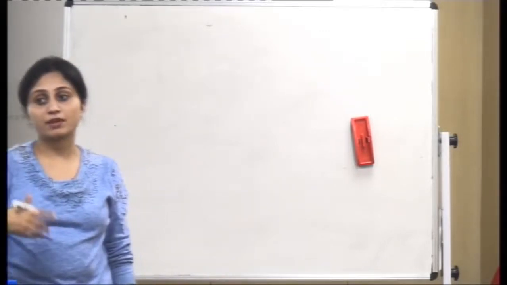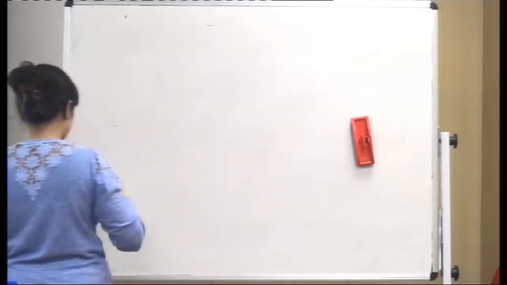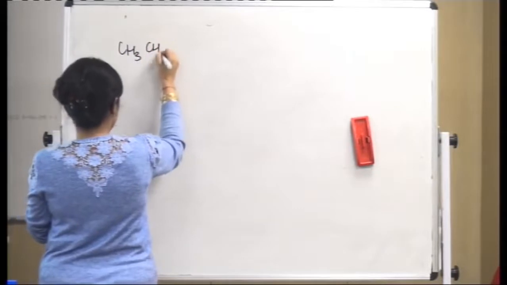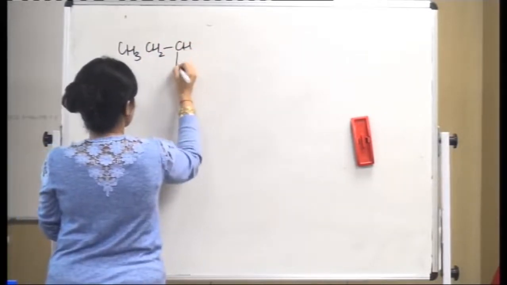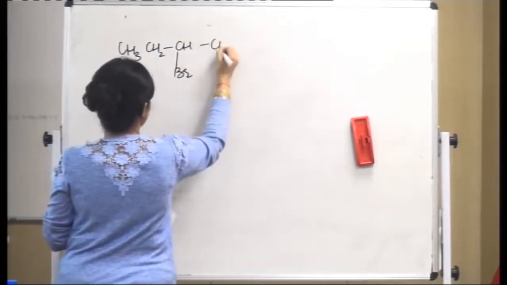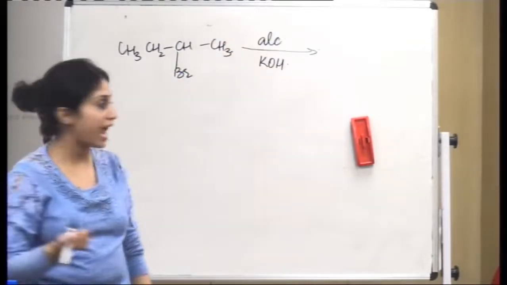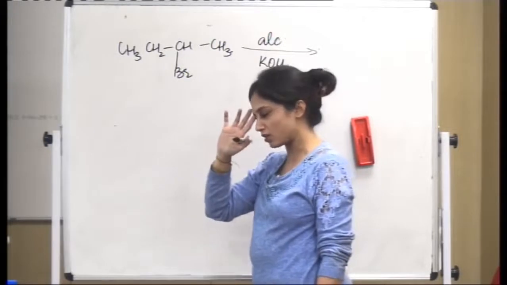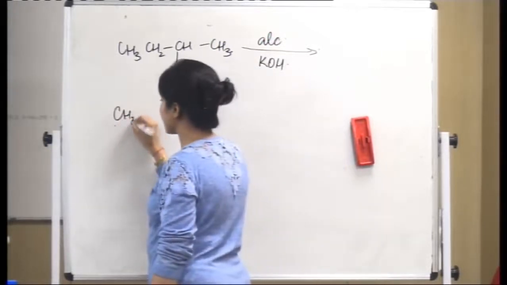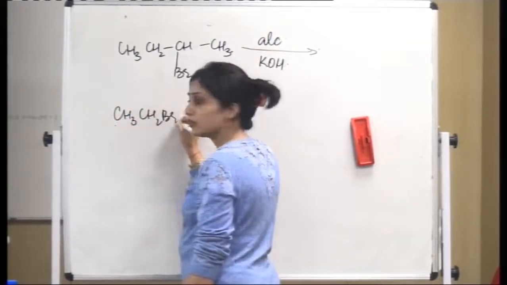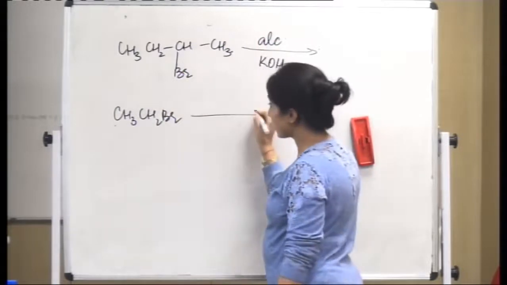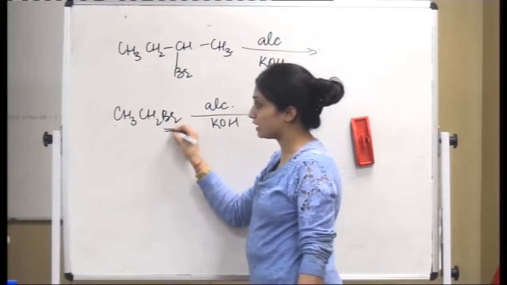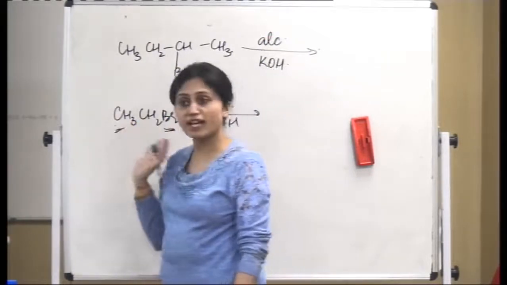Okay, then after nucleophilic substitution, we can talk about CH3, CH2, CH, Br, CH3, which has hydrogen and halogen, so it will lead to dehydrohalogenation. Now if it was a simple CH3CH2Br, if I add alcoholic KOH, remember the hydrogen will leave from the carbon adjacent to the one from which bromine leaves.